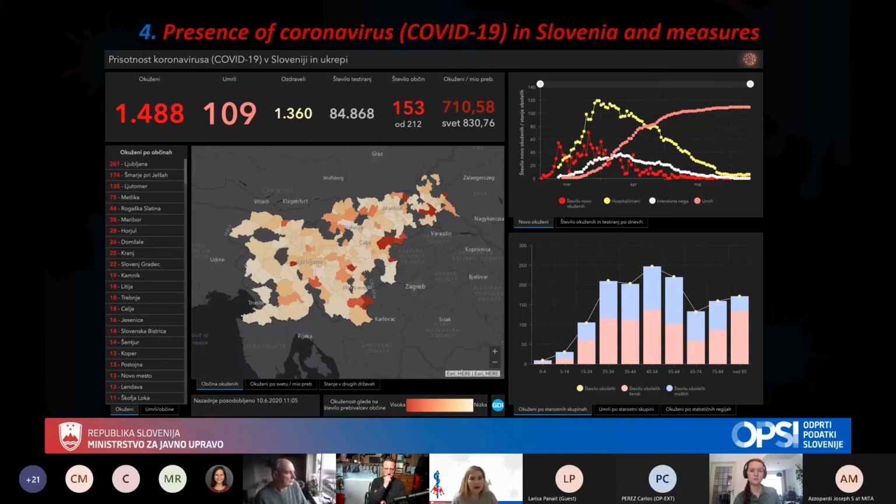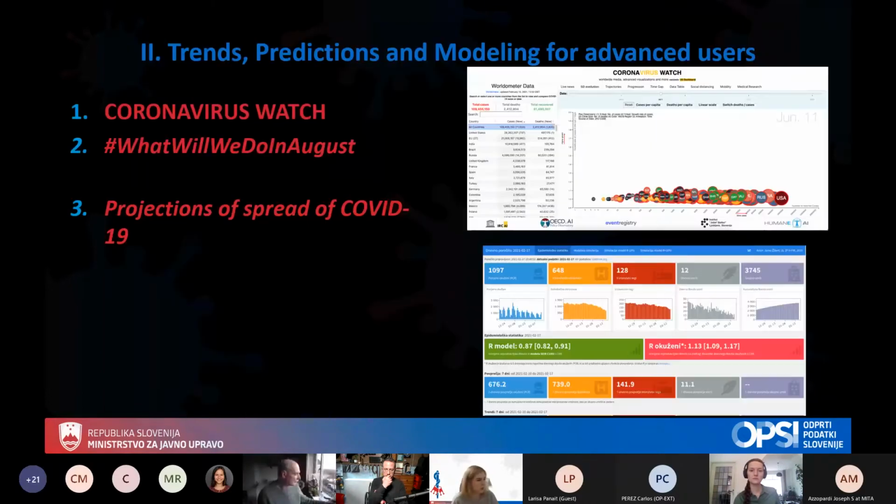And the second group is for more advanced users, and it focuses on the trends and predictions and modeling of the data. The first one is the Coronavirus Watch, this one. And it offers live worldwide media view, advanced visualizations, and more.